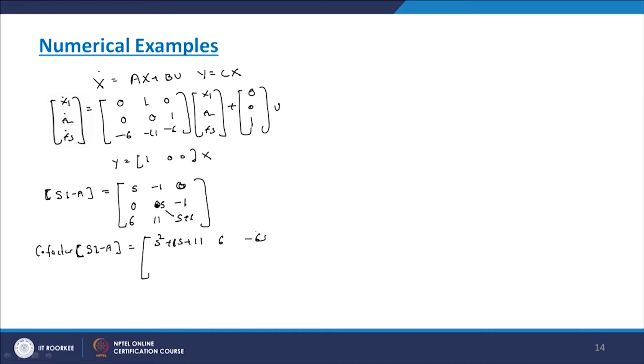Then for this row we write minus s minus 6, then s square plus 6s plus 11s plus 6, and lastly we write 1 minus s into s square.